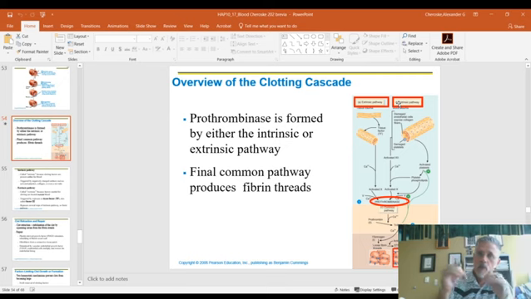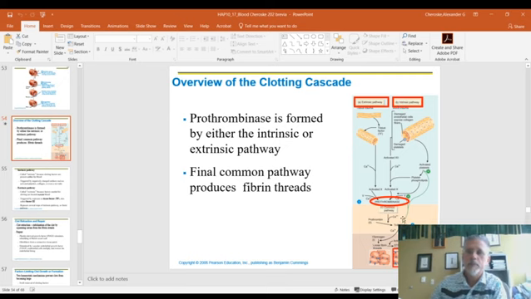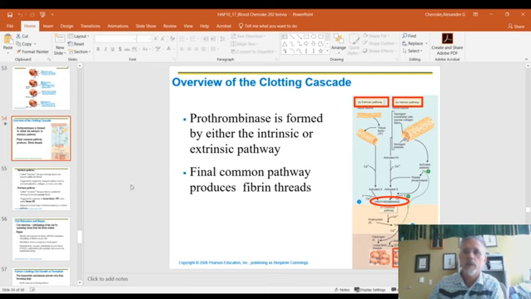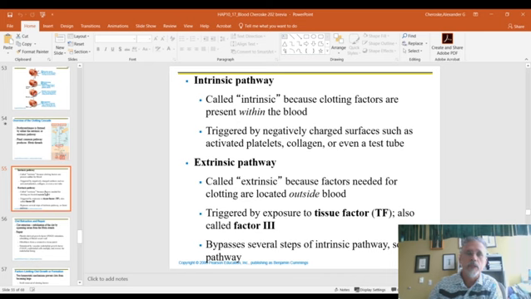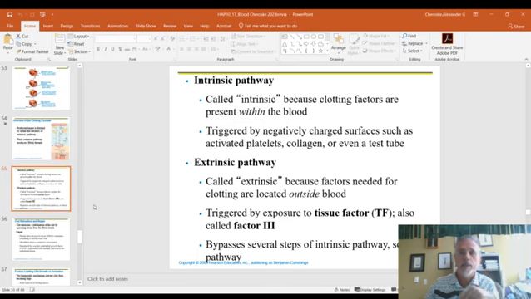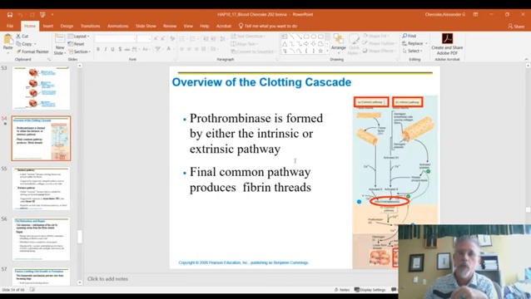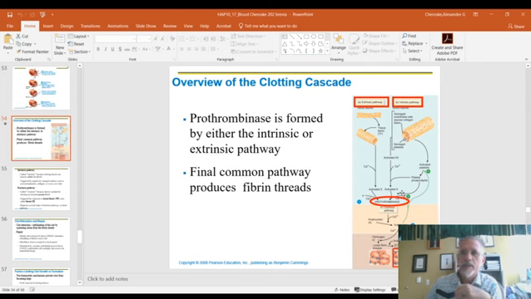From there, we have two, if you will, kind of pathways that are similar, but a little bit different. So the intrinsic pathway is actually a little bit slower compared to the extrinsic pathway. There's a whole bunch of clotting factors, right, that some of them are listed here. You hear of factor 10 and 13 and 2 and all this type of thing. You don't need to know all those.